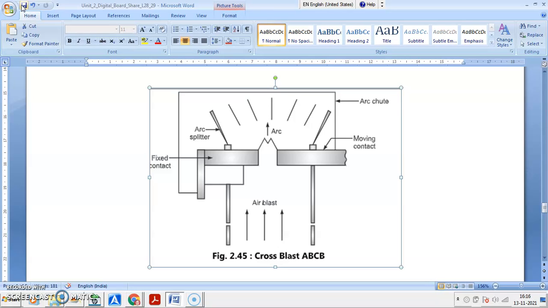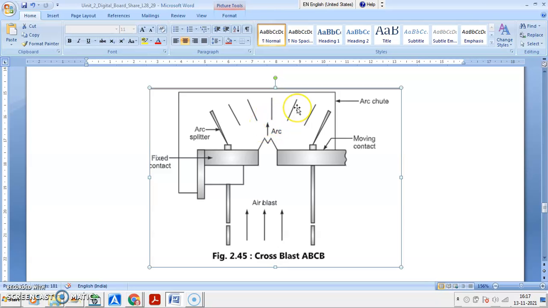So you are having the cross blast, this is the fixed contact, this is the moving contact. In normal operating condition, these are closed. In faulty condition, the moving contact gets detached from the fixed contact and the arc gets struck in between. Okay, these are the arc splitters provided. The arc gets diverted because of electromagnetic force.